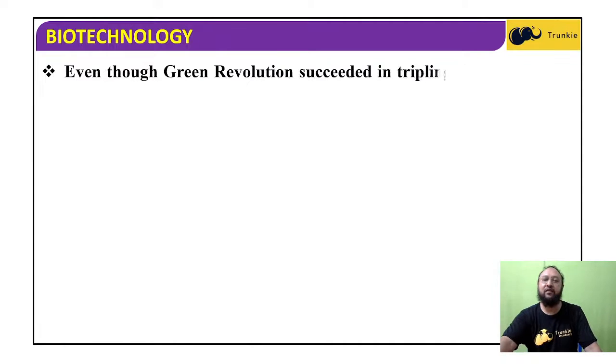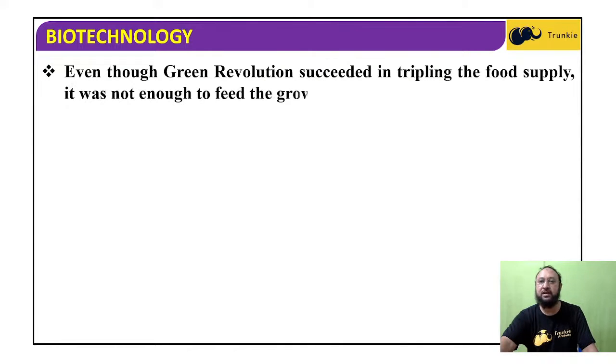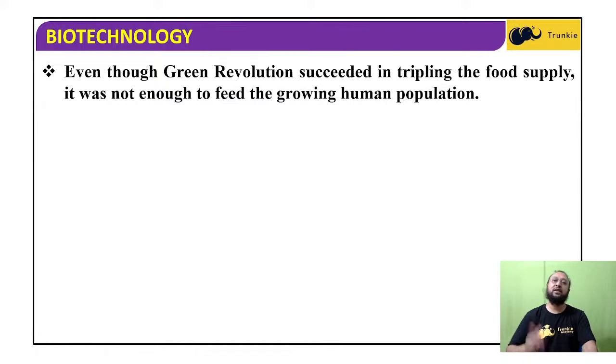Even though green revolution succeeded in tripling the food supply, it increased the crop by 3 times, it was not enough to feed the growing human populations. Though it increased 3 times, the human population was huge, and it's still very huge, and this was not sufficient to supply.